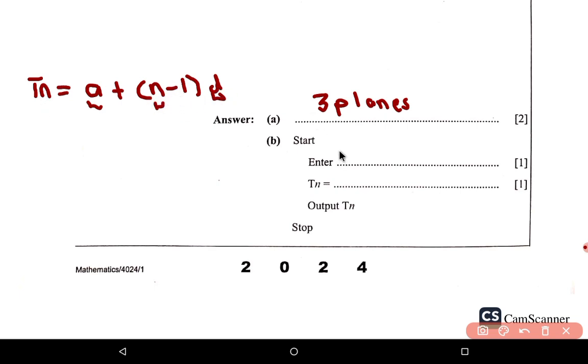So we're going to say enter Tn, A, N, D, and Tn is equal to, this is the formula there.